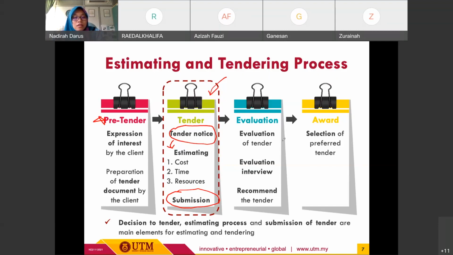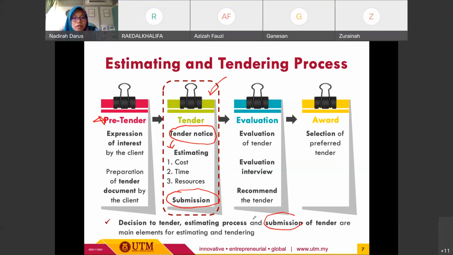It is easier for us to visualize the actual practice by the estimator or the contractor, right? The decision to tender, the estimating process, and the submission of the tender document are the main elements of this process, estimating and tendering.